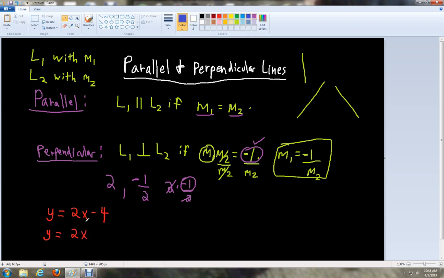Here you can compare the slopes, right? This is the number in front of x, like in the slope-intercept form equation in our last video. And you can see that both values for m, the slope, are 2. So since they're equal, we know that they are parallel.